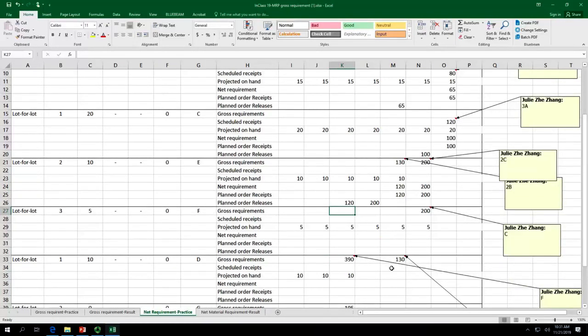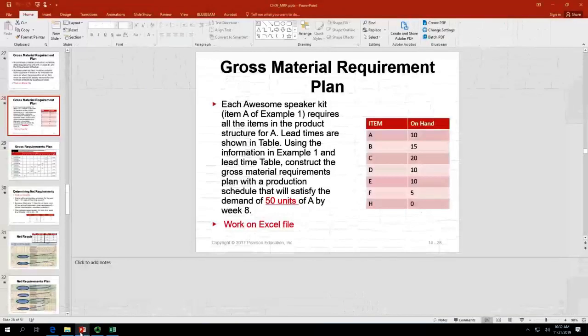And for the F, F is only associated with C. So F is associated with C, it is 2C actually. So how many C's do you produce? So C, let me look at it over here.